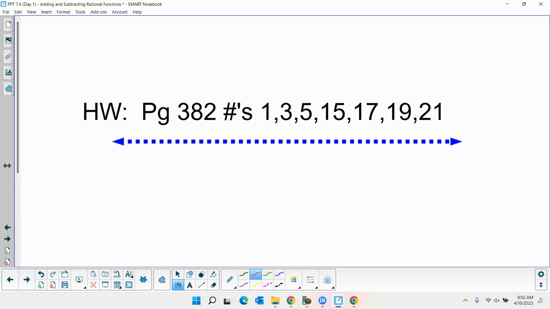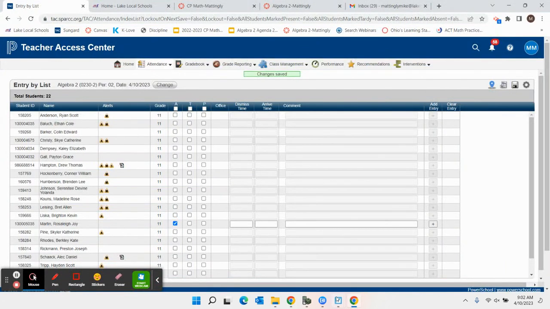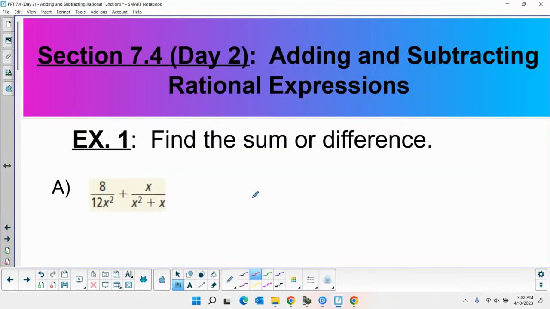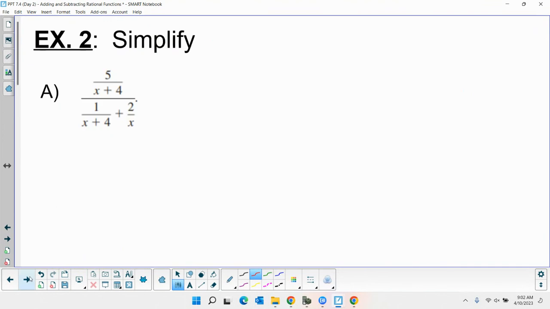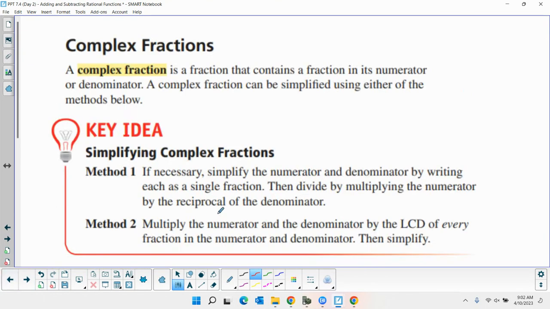So, the other one. Part 2. Let's just do this, I guess. All right, we already done this, right? So that's stuff we've learned. All right, complex fractions. A complex fraction is a fraction that contains a fraction in its numerator and denominator.